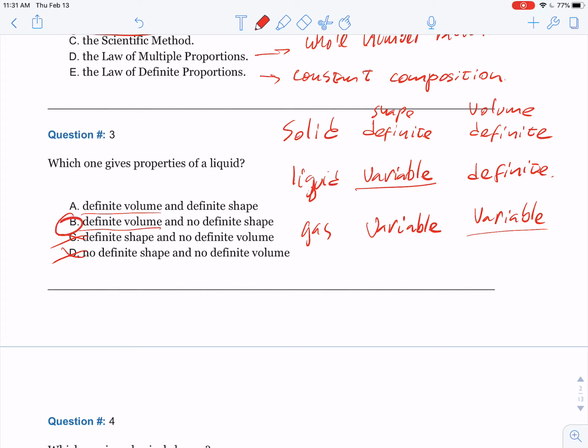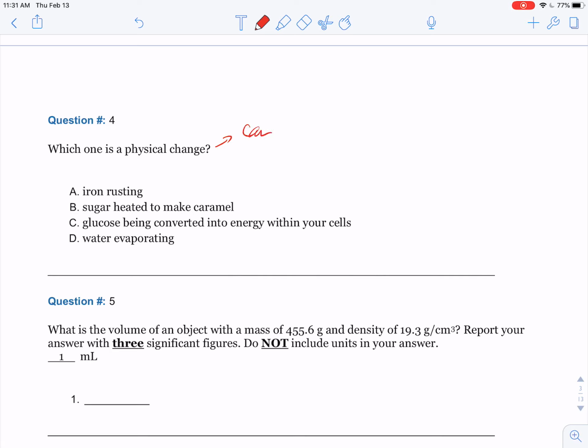Physical change, remember, can return by physical means, return to initial state. Okay, iron rusting, not by physical means. Sugar heated to make caramel, you cannot convert the caramel back to sugar by physical means.